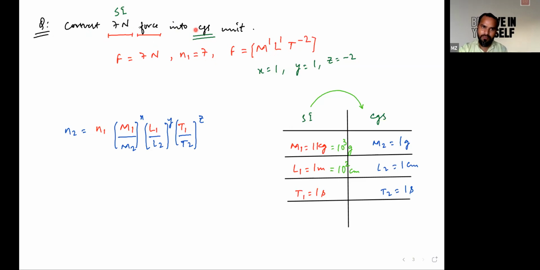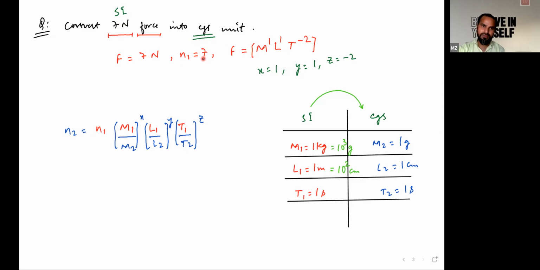From the question above, I have just written the information which is written here. 7 Newton force. It means force is equal to 7 Newton. And we already know the SI unit of force is Newton. So this measurement is in terms of SI unit. So 7 is the numerical value in the first system of units, so I have put N1 is equal to 7.